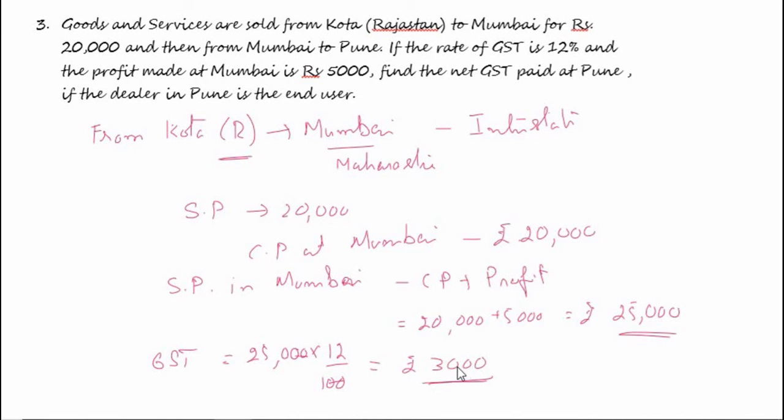So rupees 3,000 is the GST paid at Pune when the end user bought the item from Mumbai. What is to be calculated? Find the net GST paid. So the net GST paid is rupees 3,000. Very simple problem.